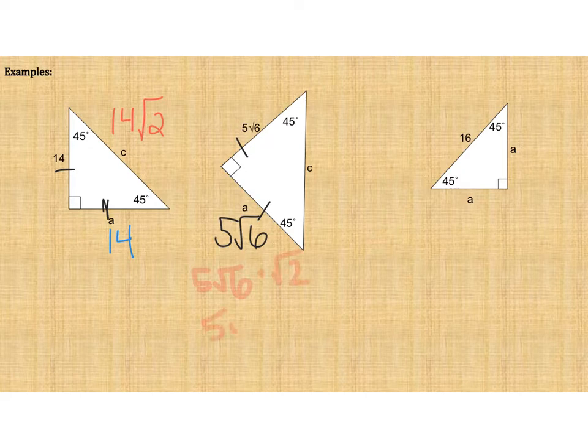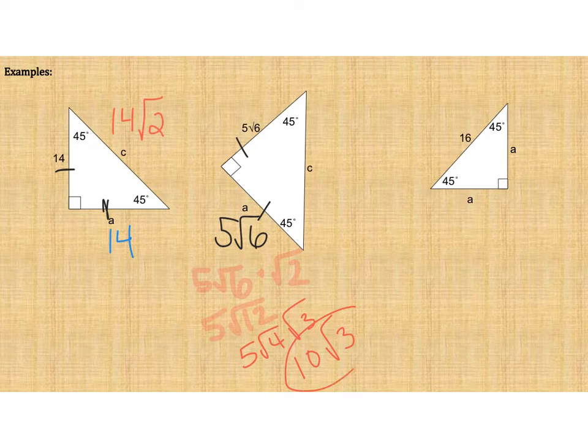So that will give me 5 root 12. But then I have to break that down. I have to do 5 root 4 root 3, which is 5 times 2, which is 10 root 3. So actually your C is 10 root 3. Here are your answers.